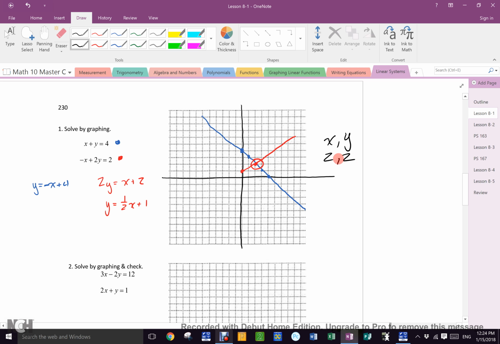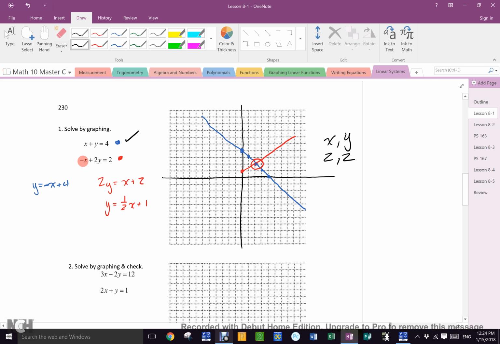Okay. If this says that x is 2, this says that y is 2, correct? What letter is that? 2. What letter is that? 2. Is 2 plus 2 4? Yes. So is this a solution for the blue line? Yes. Now, what letter is that?